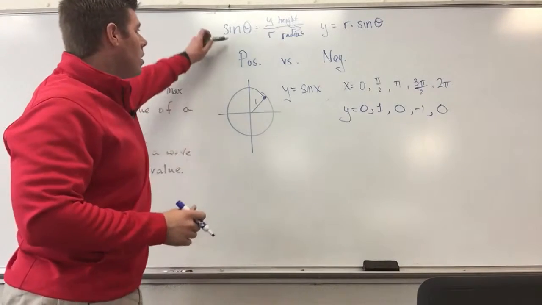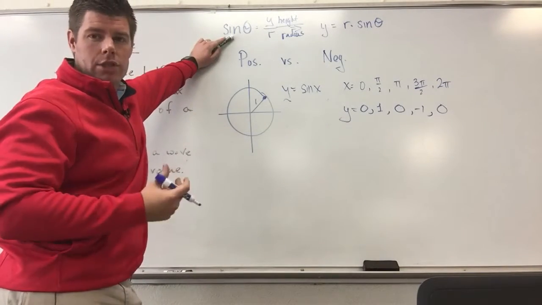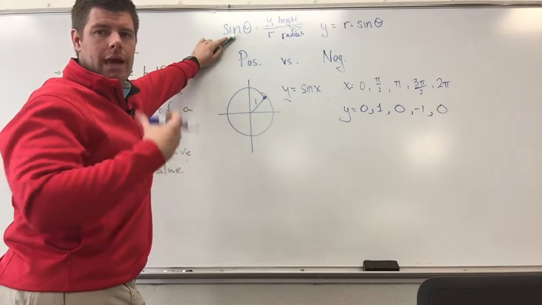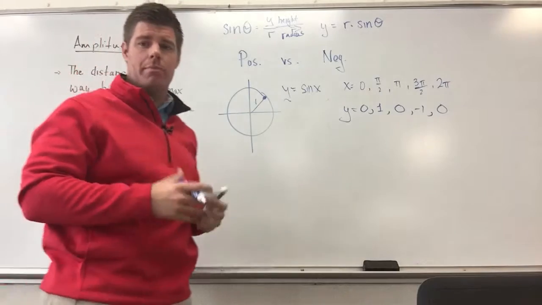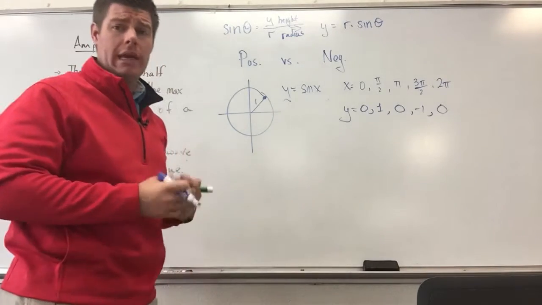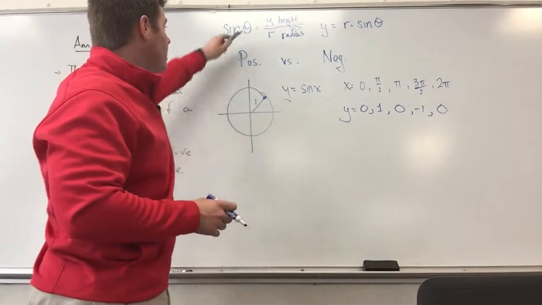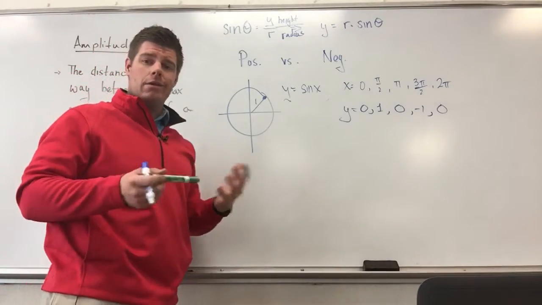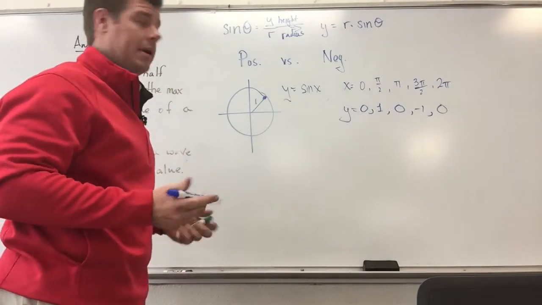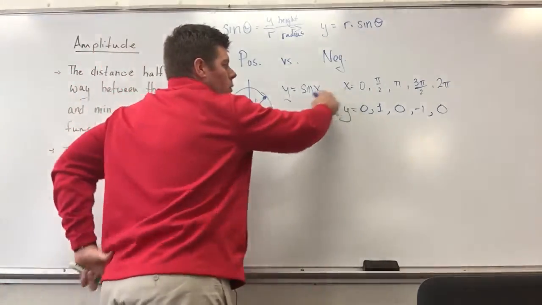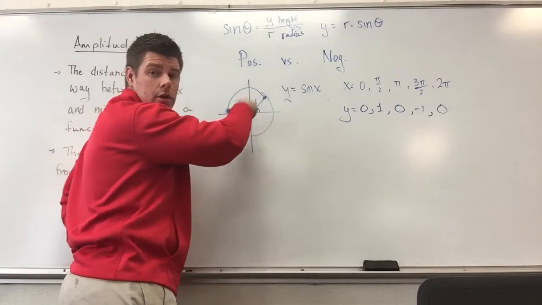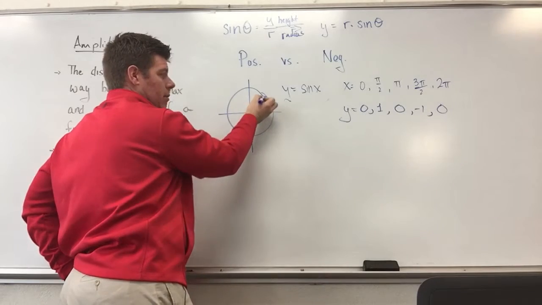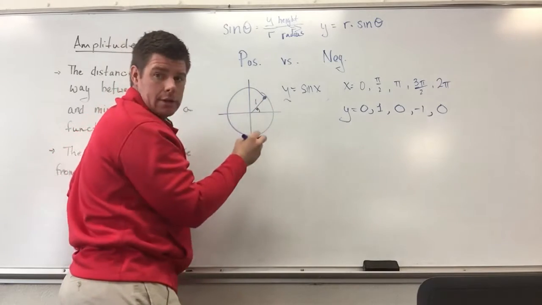So again, this all comes back to the sine function, sine theta. That's talking about the angular measure, and we're going to bump this into the idea of radian measure in a little bit. We're going to talk about angular versus radian measure. So on the unit circle, we talk about angular because we're talking about a point rotating around a circle.